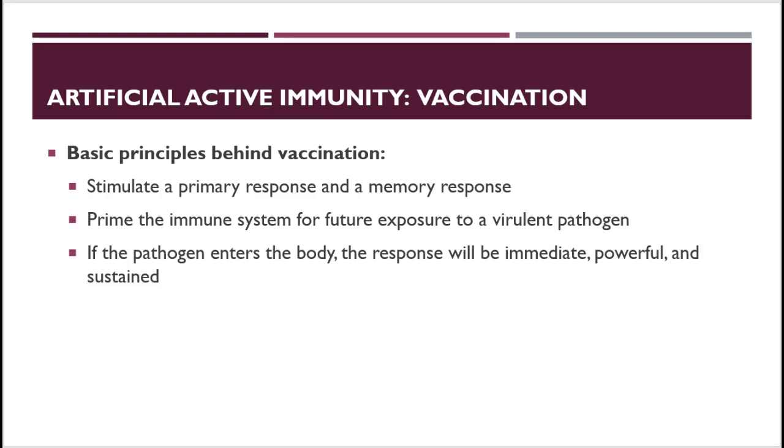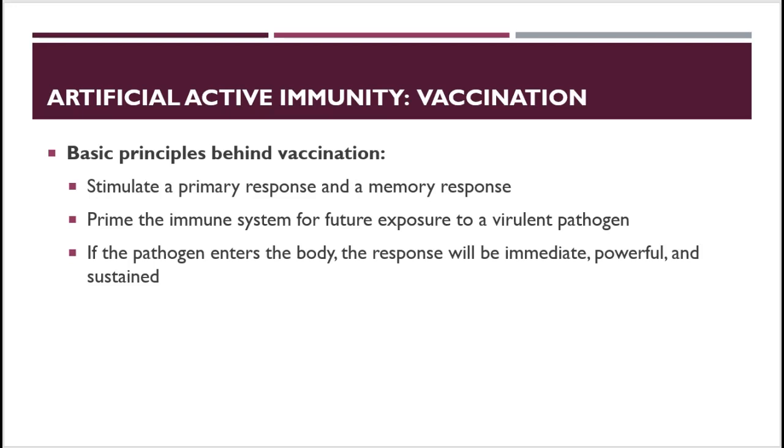So the basic principle behind vaccination is to stimulate a primary response that will then result in production of memory cells. Vaccination is a method that prepares the immune system for future exposure to a pathogen.